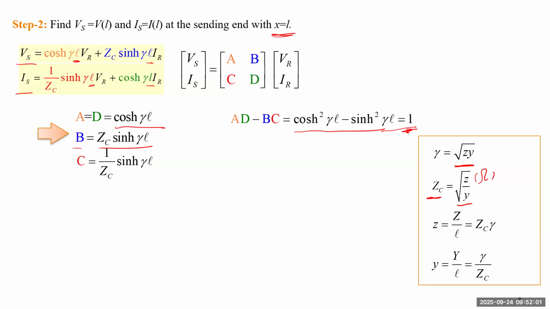And we also know that the lowercase z is the capital Z, the total impedance, divided by the length. Lowercase y is the capital Y divided by the length. And from the first two formulas, you can easily know the lowercase z is also gamma times ZC. The lowercase y is gamma divided by ZC.